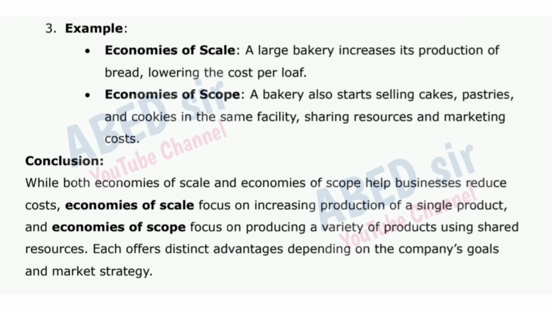Conclusion: while both economies of scale and economies of scope help businesses reduce costs, economies of scale focus on increasing production of a single product, and economies of scope focus on producing a variety of products using shared resources. Each offers distinct advantages depending on the company's goals and market strategy.